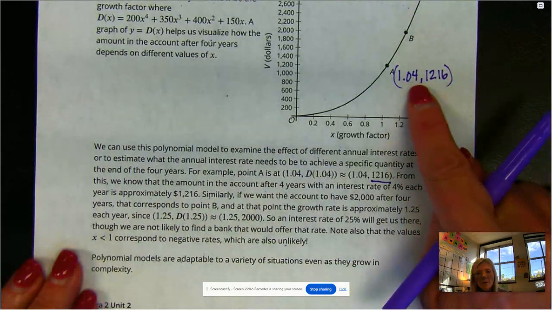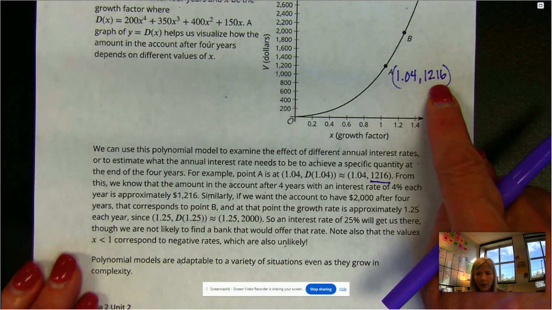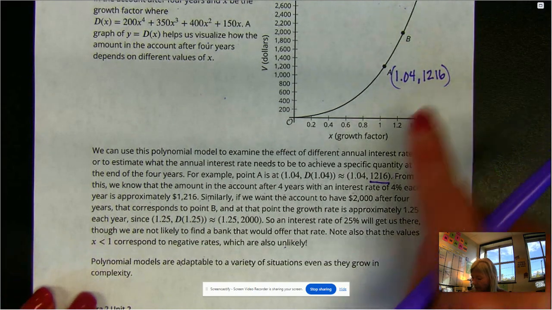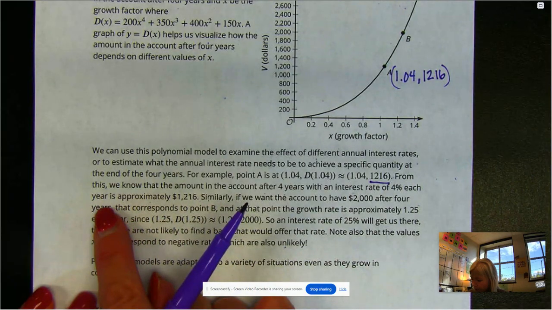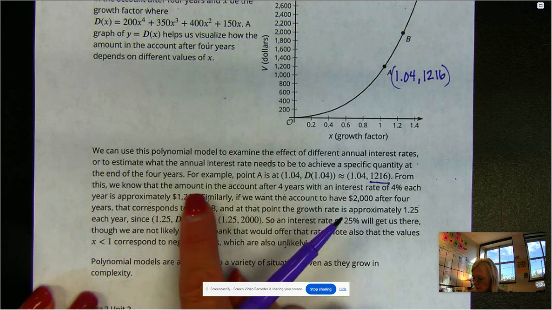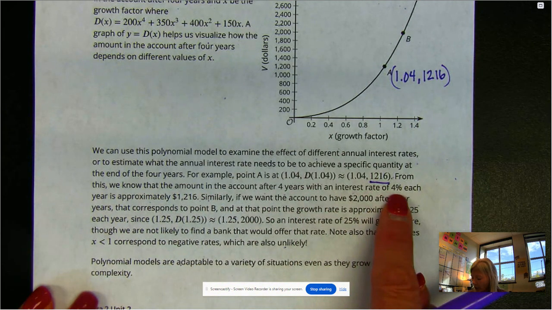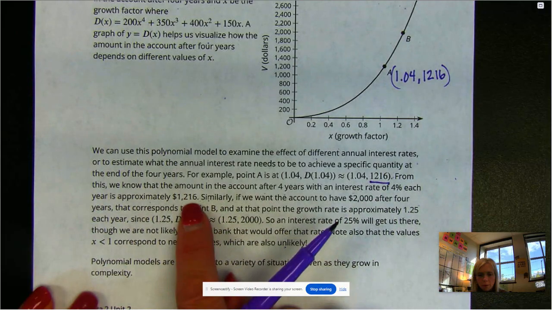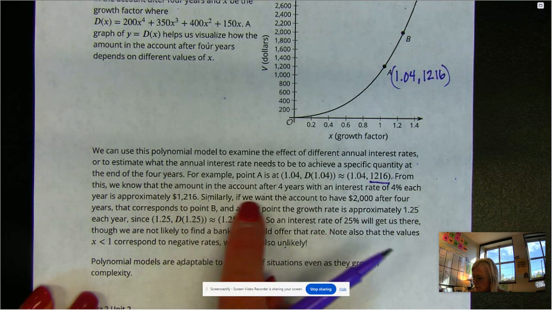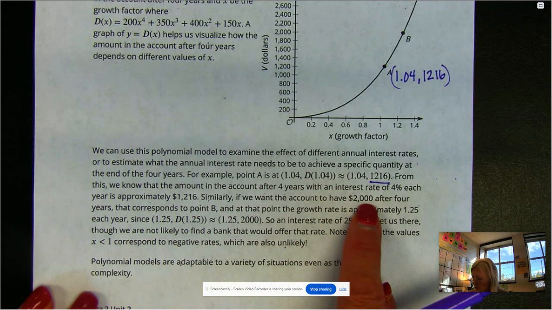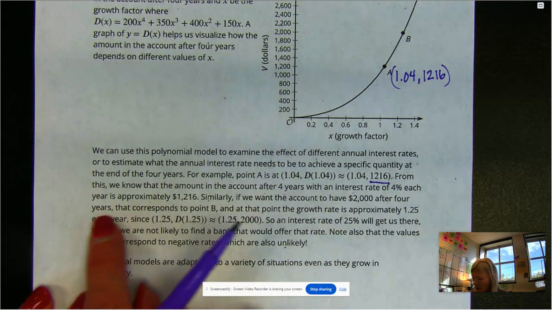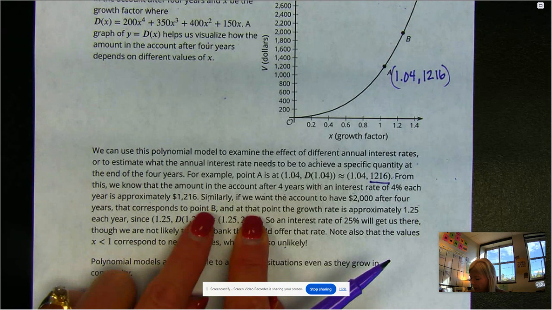Okay, so that would be like a 4% interest rate would yield $1,216. From this we know that the amount in the account after 4 years with an interest rate of 4% each year is approximately $1,216.